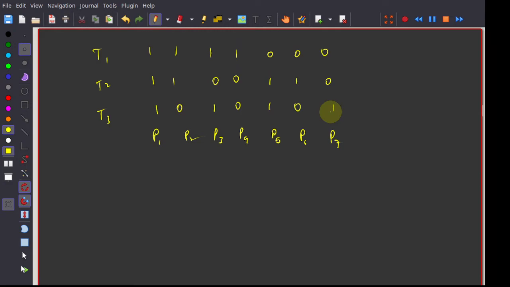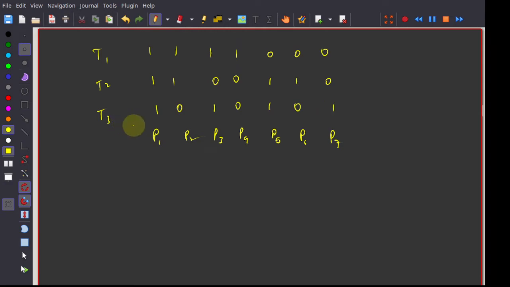Is it clear to everyone why this works? Let us say person 1 was positive. Then what would be the output of the 3 tests? Positive, positive, positive.